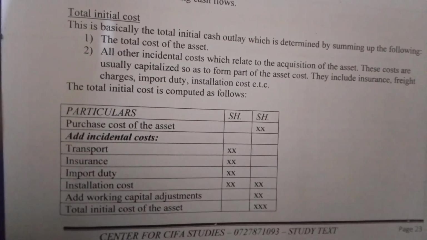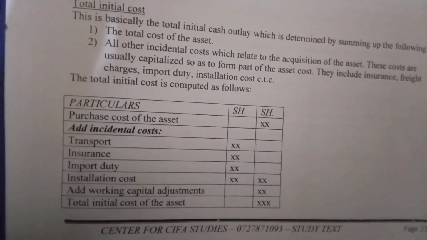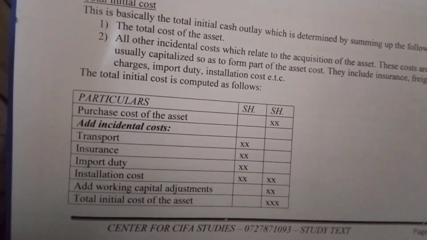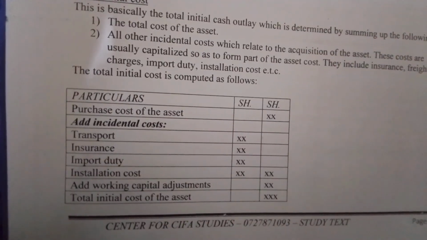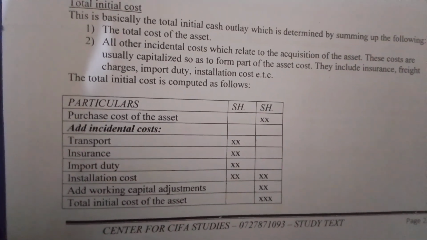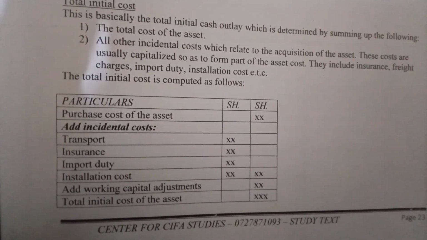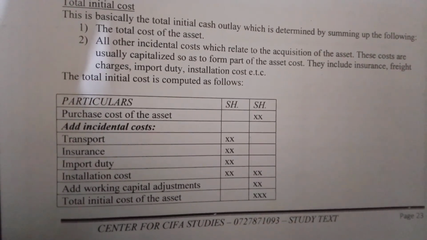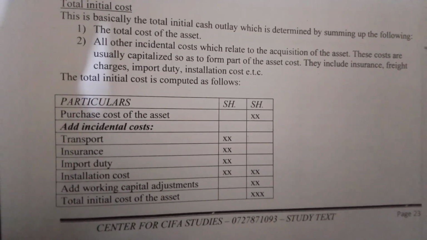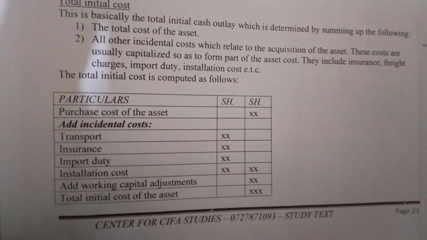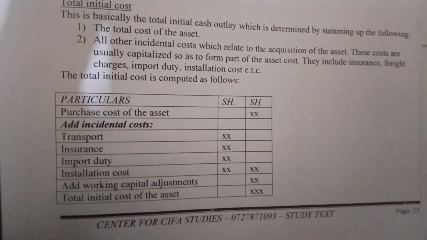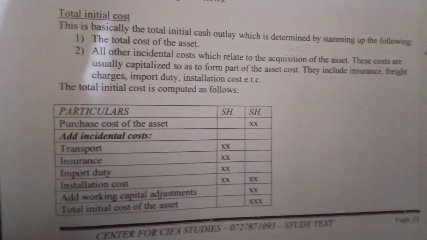If the changes in working capital occur by the start of the economic life of this asset, then such cost should form part of the initial capital. However, it should not be used for the purpose of depreciation of that asset.